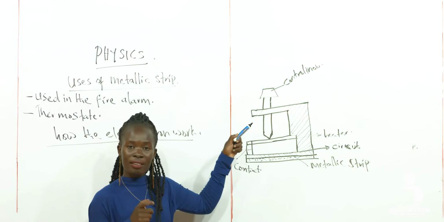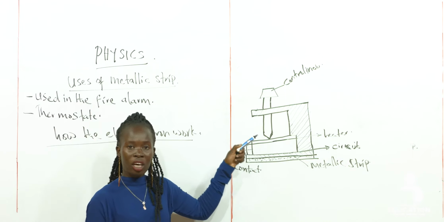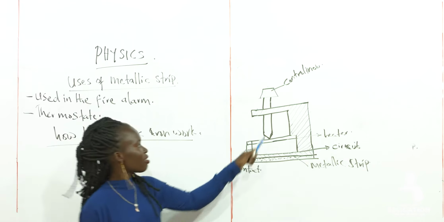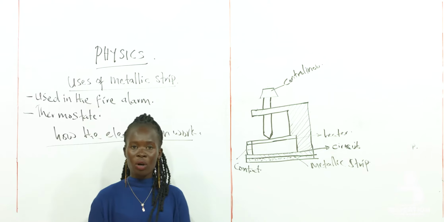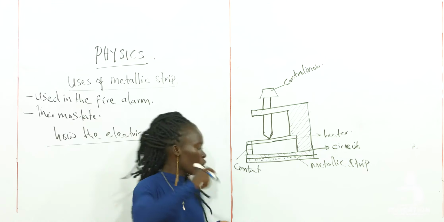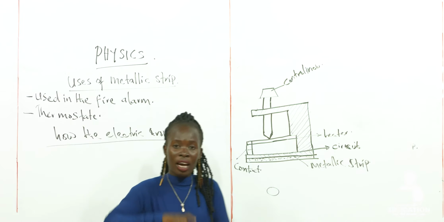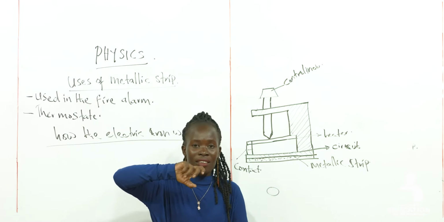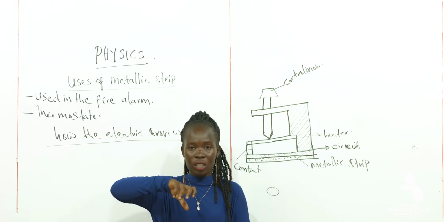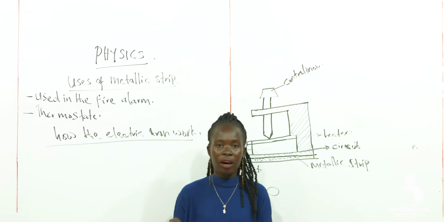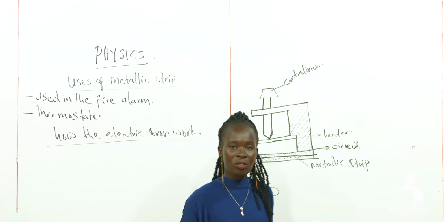Since it is already inside the electric iron, you cannot see it. The thing that you can easily see is the control knob, because the control knob is just on top of the flat iron. That circular thing that you try to change to adjust the temperature of the iron is the control knob.